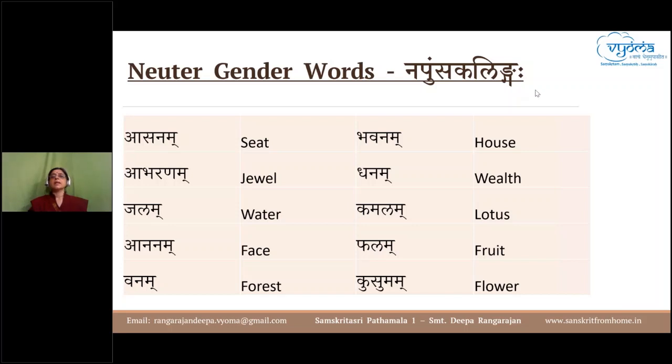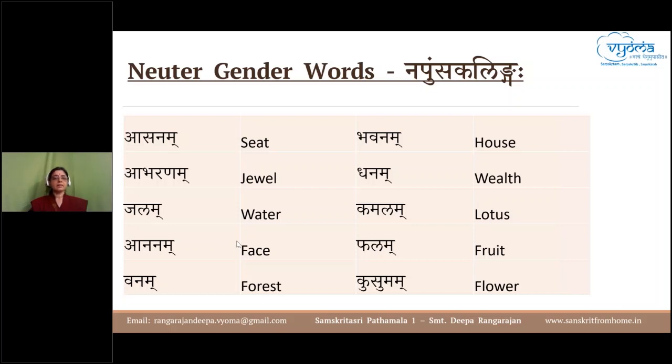Somebody else can also try. Sukanya, from the beginning. Neuter gender words, Napumsakalingaha. Asanam. Abharanam. Jewel. Jalam. Ananam.